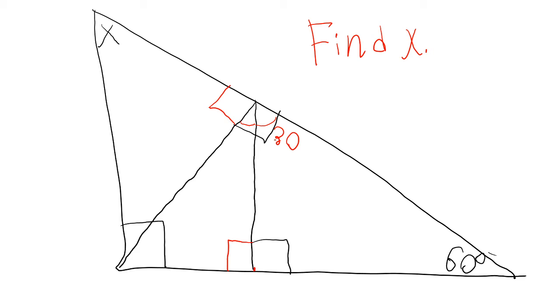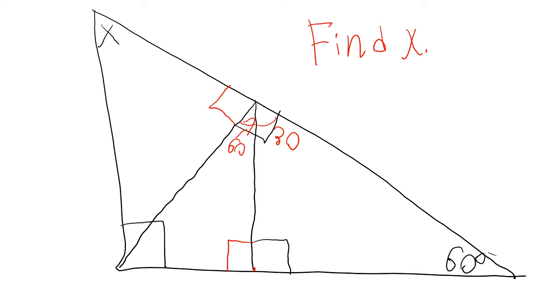These are complementary. They make this big right angle right here. So these two have to add up to 90, which tells us this is a 60 degree angle right here. So we have 30 and 60. They add up to the 90 degree angle. Now let's move on.